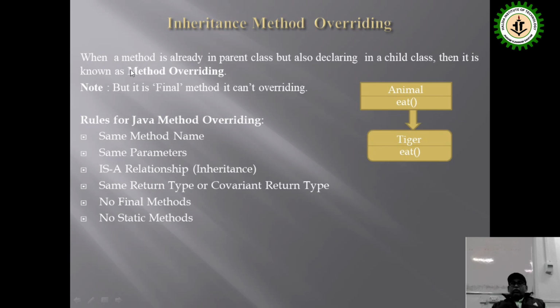A very important point is, if the method is final, then it cannot be overridden. Some rules of method overriding: same method name, same parameters, is-a relationship, that means inheritance, same return type or covariant return type, no final method, and no static method. These are the rules for method overriding.